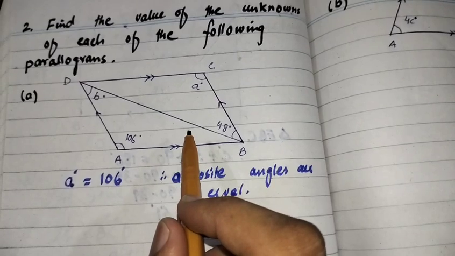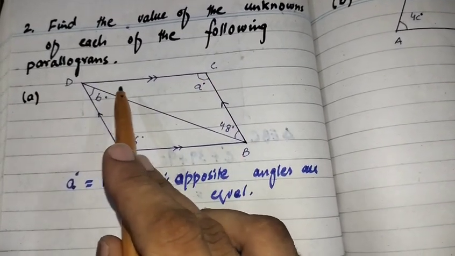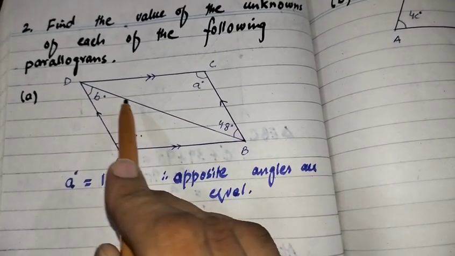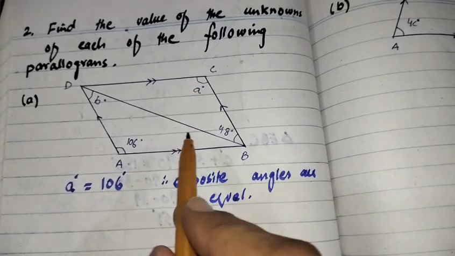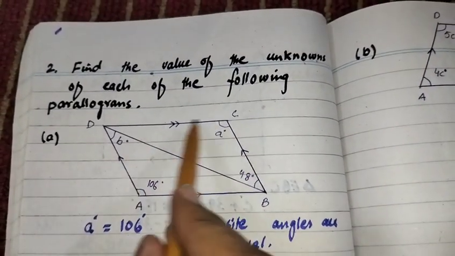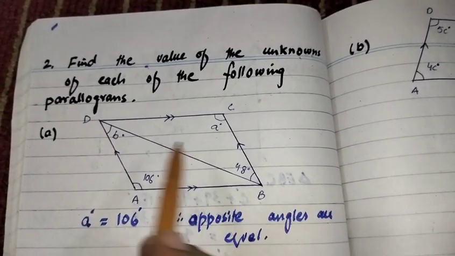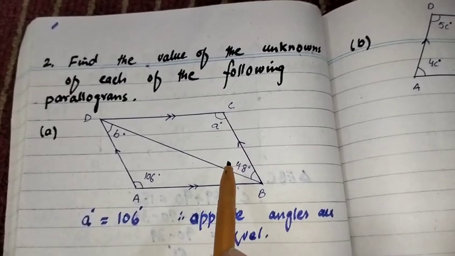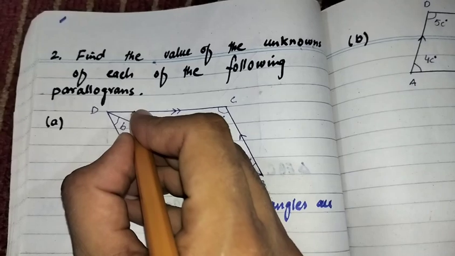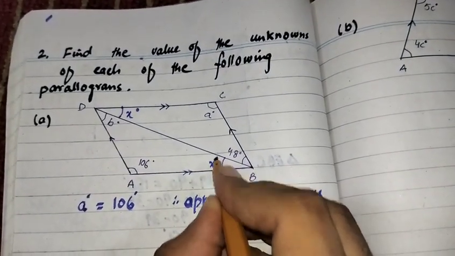So we know that on parallel lines, transversals make a Z, and in Z the alternate angles are equal. It means that this angle must be equal to this angle, so if it is x degree, this is also x degree.